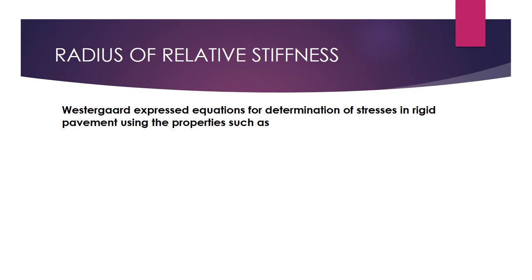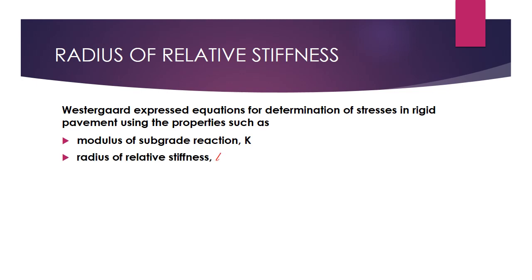What are those properties? The first one is modulus of subgrade reaction K, which we have already discussed. Then the radius of relative stiffness l, which we have discussed just now. And the other one is the equivalent radius of resisting section b, which is a new term we will discuss later.